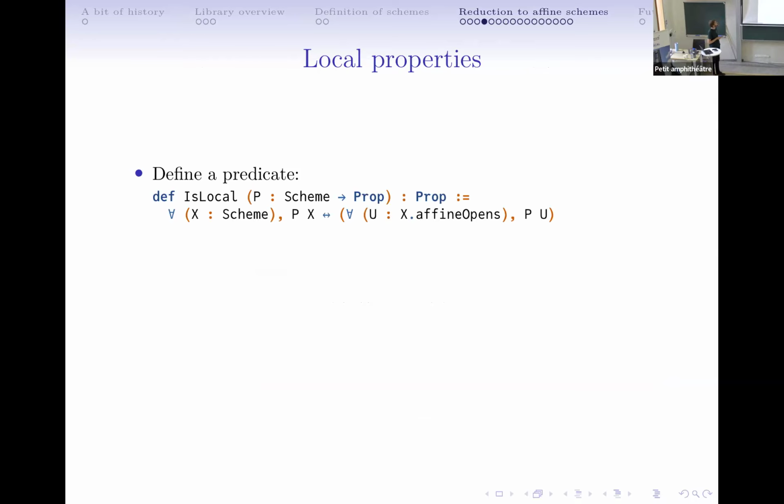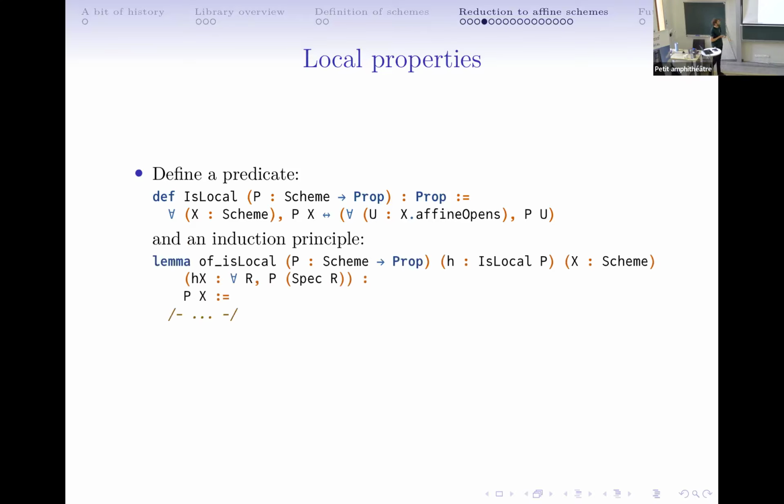Then we can say, okay, we have some property P that goes from scheme to Prop, so it takes a scheme and spits out a true or false. And it's local if we can check it on affine opens. So we can say that P of X holds if and only if for every U affine open in X, P of U holds.